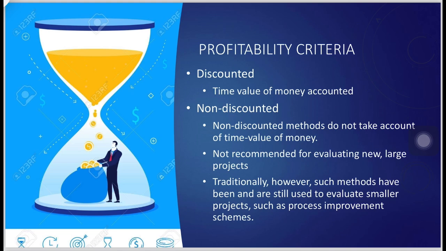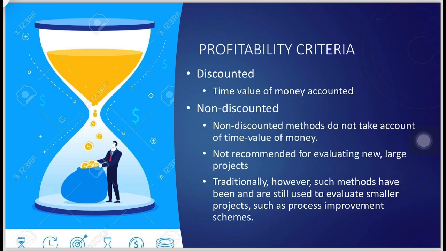Large projects typically stretch to over 20 years of project life. So it's not recommended that non-discounted criteria be used. Traditionally, however, such methods have been and are still used to evaluate smaller projects such as process improvement schemes.